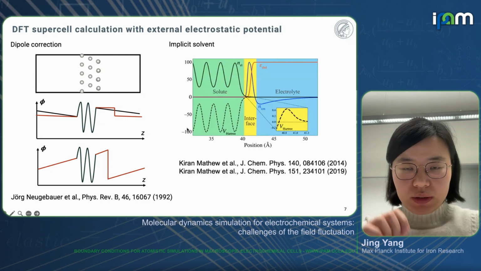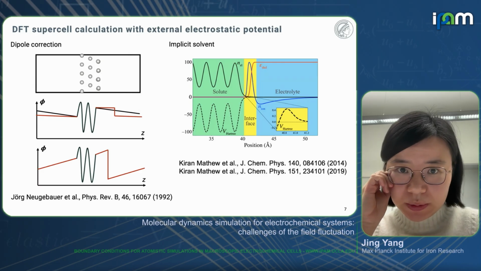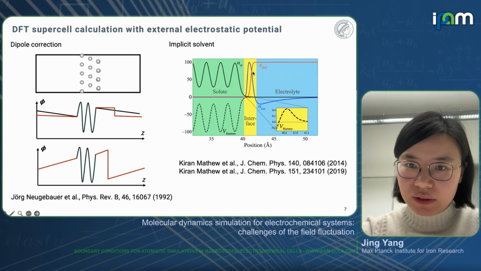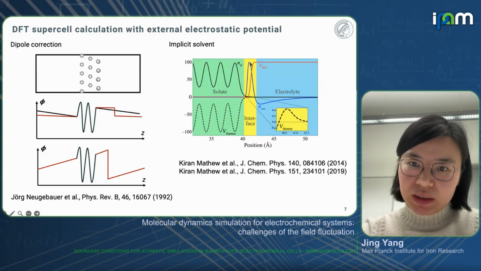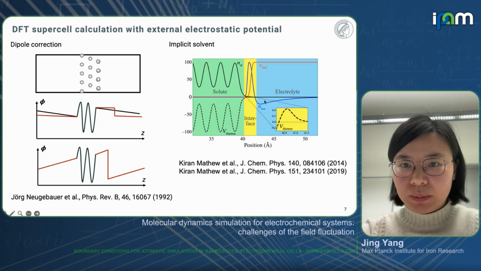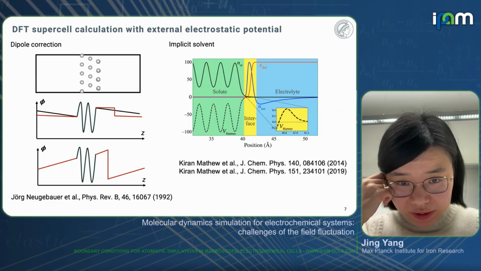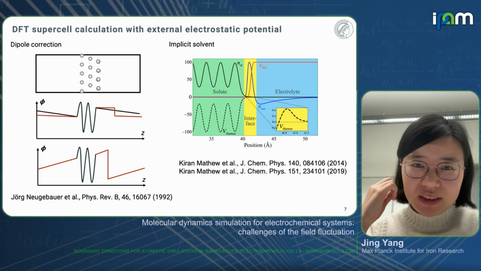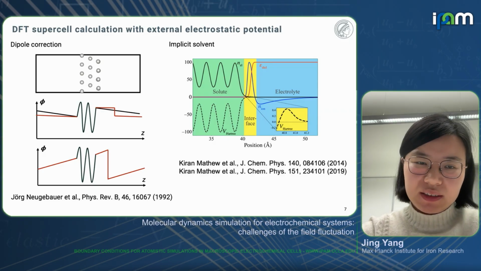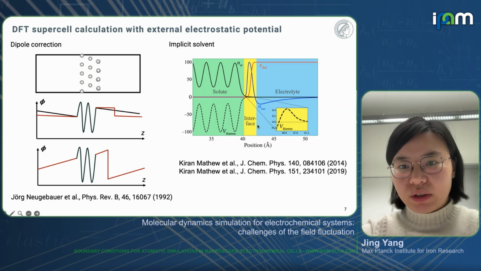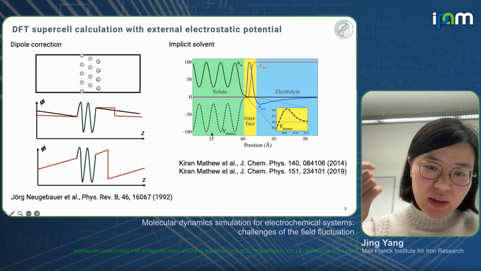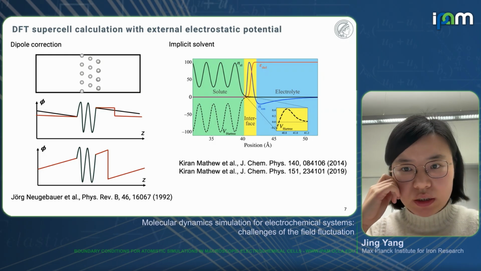The other case, which has also been discussed a lot already in this workshop, is implicit solvent. I think you are all very familiar with this concept, which is basically that you do not explicitly model the electrolyte, but model it as a screening medium. What these two methods have in common is that in both cases, the way you add this external electrostatic potential into the DFT is by calculating the corresponding potential of these externally inserted charges.